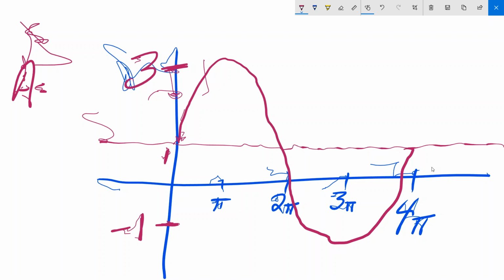It has to do with maximum and minimums. What's the verbal definition of A? Which is 4 divided by 2, so A is 2.